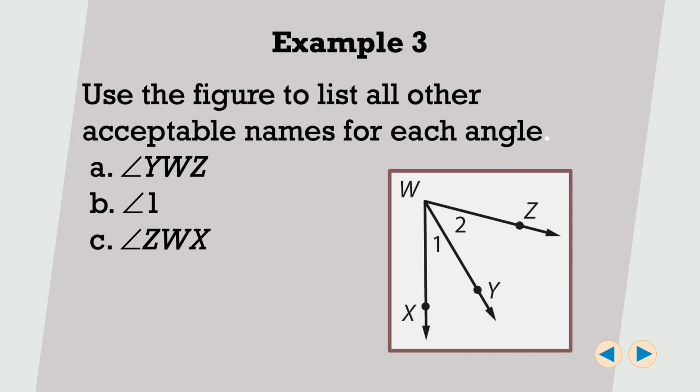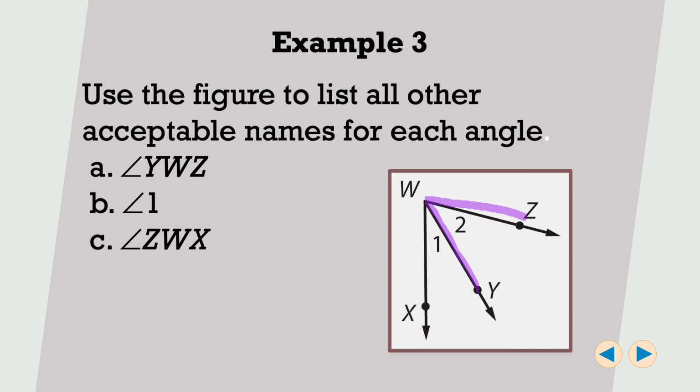Angle YWZ. We're looking for other acceptable names for each of those angles. But first I need to identify where YWZ is. I'm going to just follow the letters. That's the best way to do this. Here's Y. I'm going to go down to W and then go up to Z. Now that I see my angle, I can see different ways to call this.